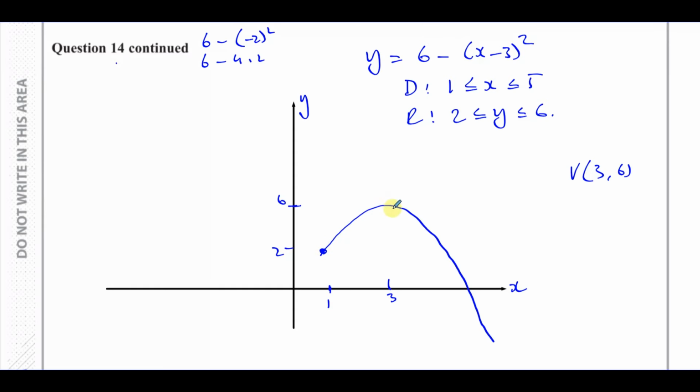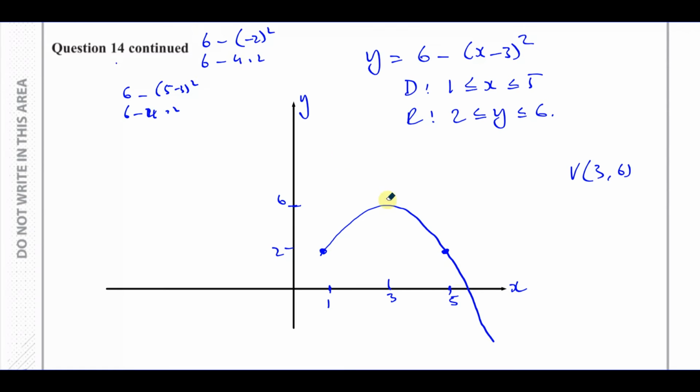And where it ends, the domain is 5. So when x is 5, you're going to have 6 minus (5 minus 3) squared. So it's again going to be 6 minus 4, which is 2, at that same level over there.